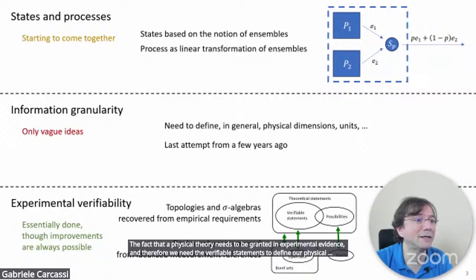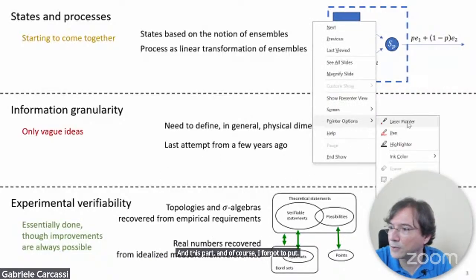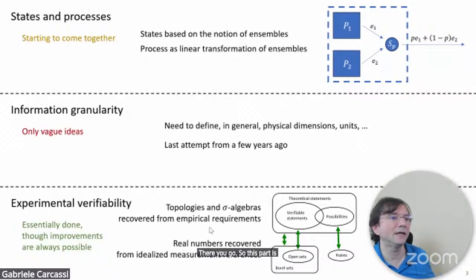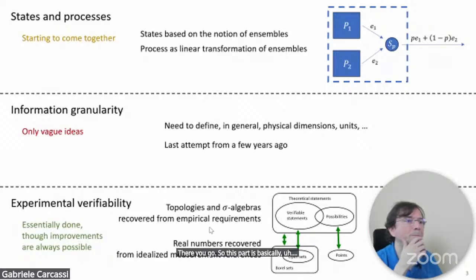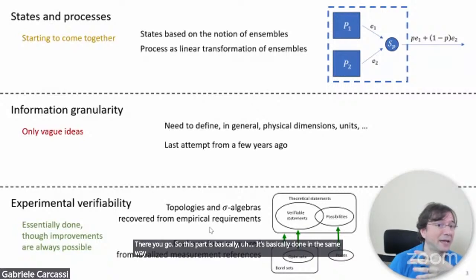And this part, and of course, I forgot to put the pointer options again. There you go. So this part is basically done in the same way that I consider classical mechanics done.